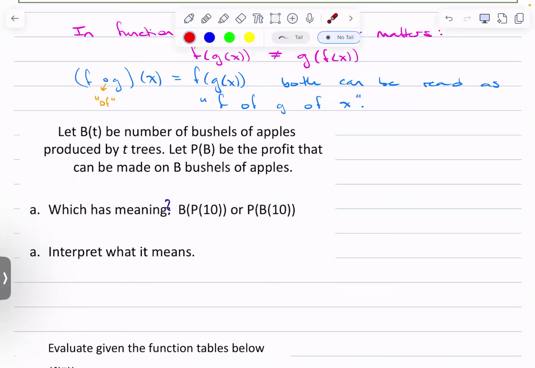As an example of a composed function, if we have a function b of t, and it's going to be the number of bushels of apples produced by t trees, then p of b, these all sound the same now, is going to be the profit that can be made on b bushels of apples.